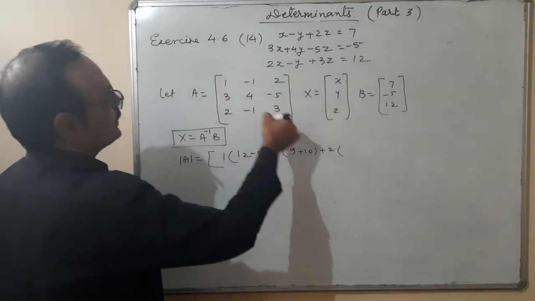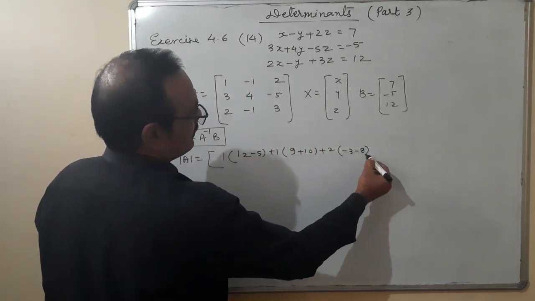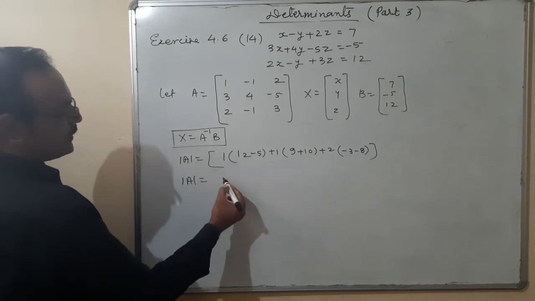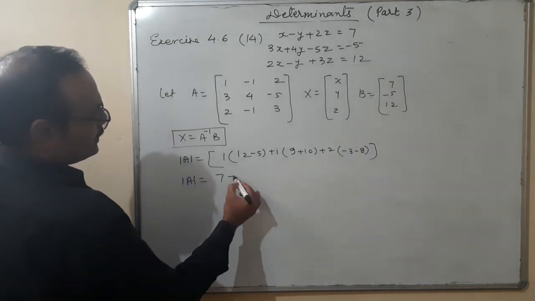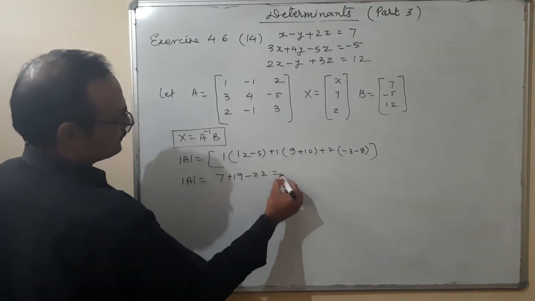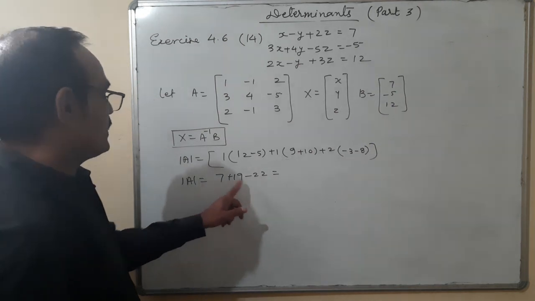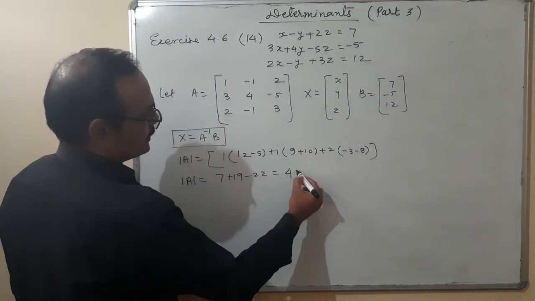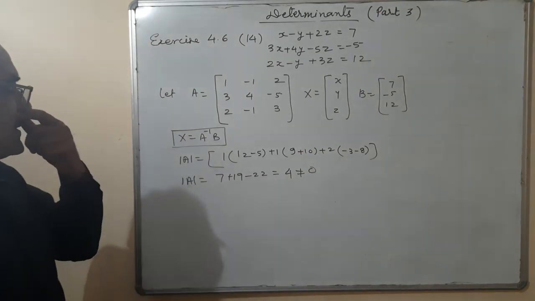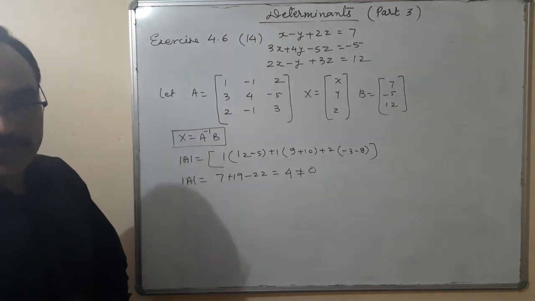And plus 2, leaving the column and row: minus 3, minus 8, minus 11. Then the determinant value of A is 7 plus 19 minus 22, which is 26 minus 22, 4, not equal to 0. A inverse exists.